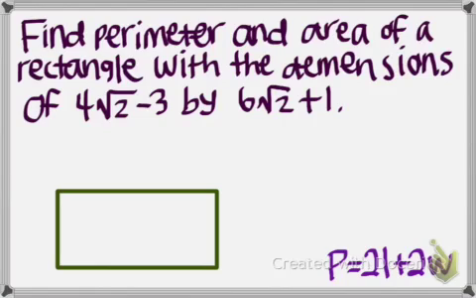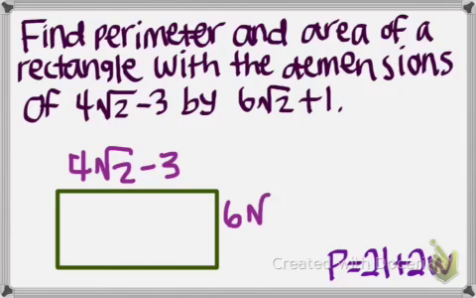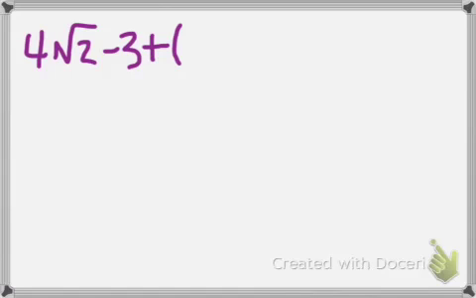First start off by labeling the rectangle, which is 4 radical 2 minus 3 by 6 radical 2 plus 1. You'll first take the first dimension, 4 radical 2 minus 3, and add it to itself, or multiply it by 2.